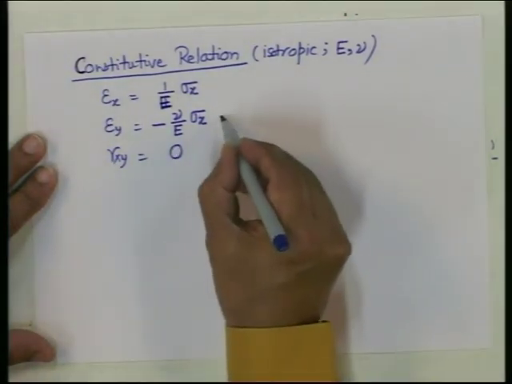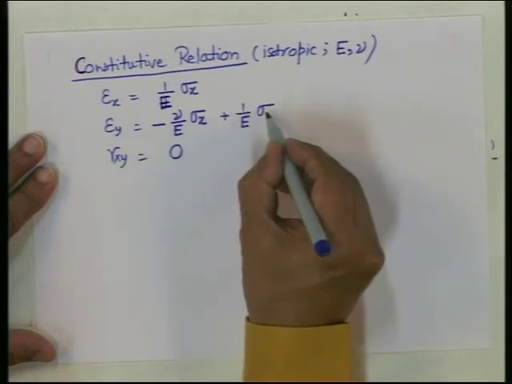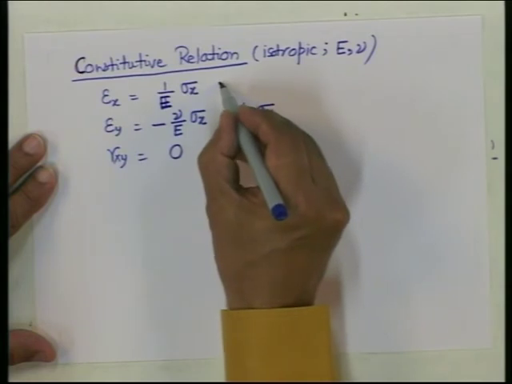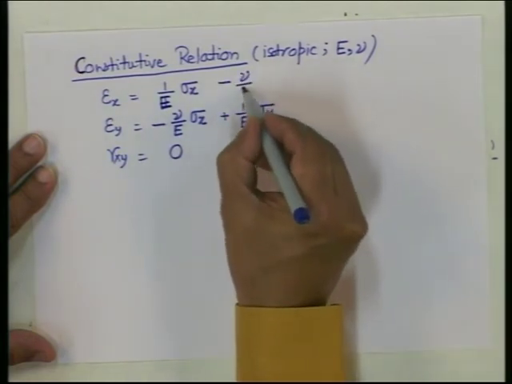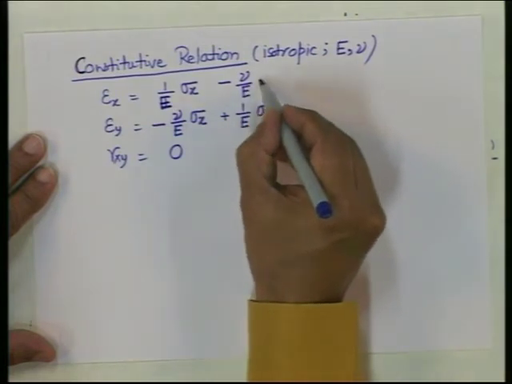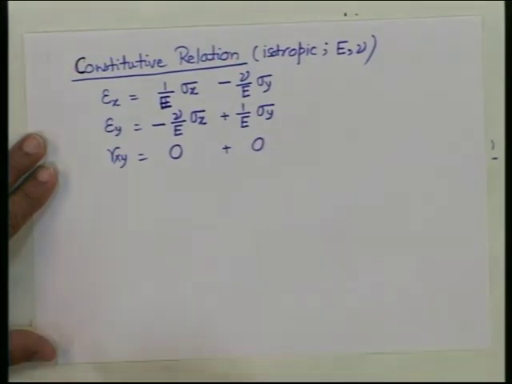When sigma y is applied, 1 by E sigma y, this will produce a negative strain, so nu by E, and here 0.